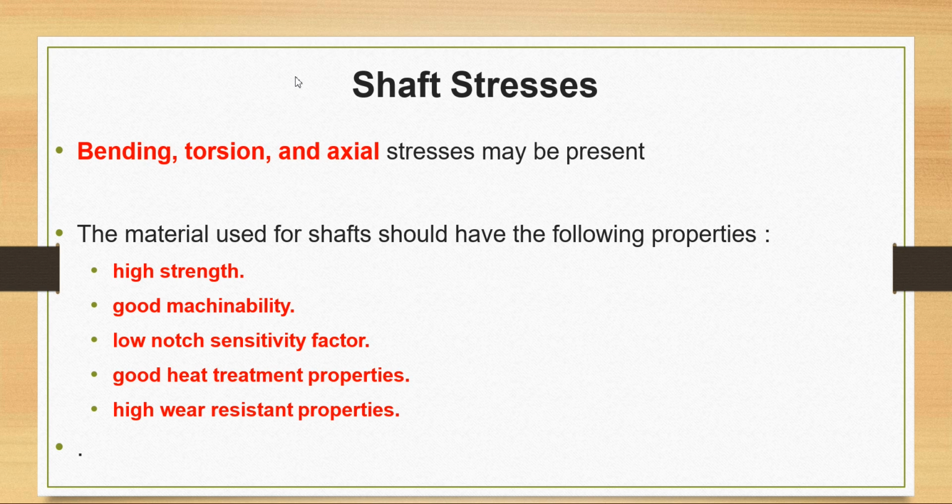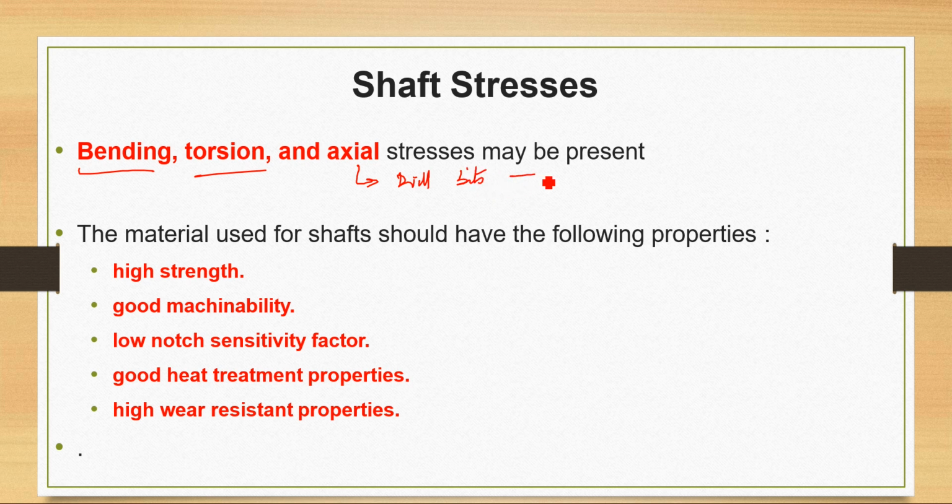As far as shaft stresses are concerned, the shaft is actually subjected to three kinds of stresses: bending, torsion, and axial stress. But in this case, we are only focusing on two types of stress, the bending stress and the torsional stress. In very rare cases, the shaft experiences axial stress, like in drill bits.